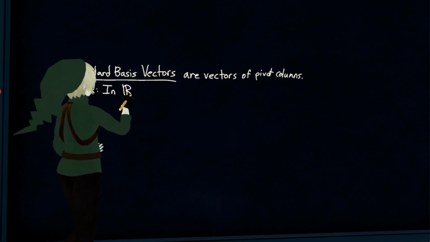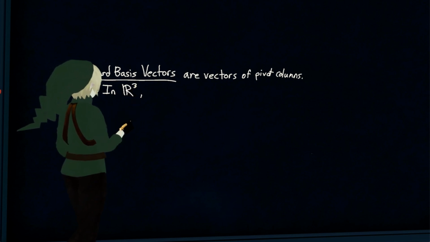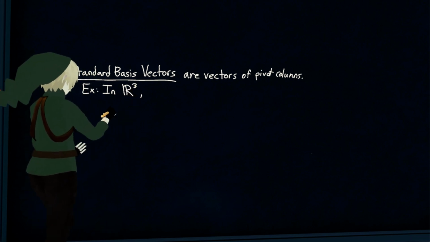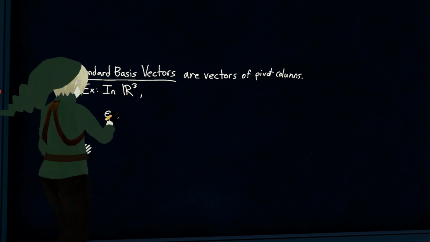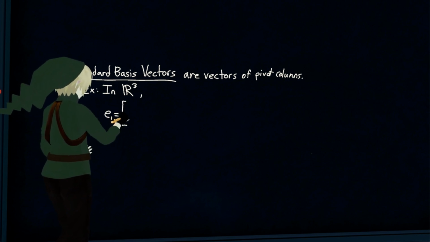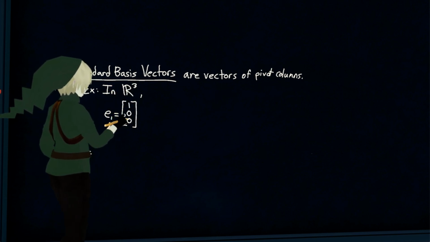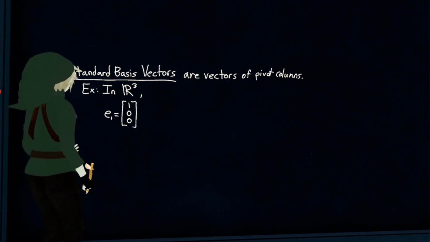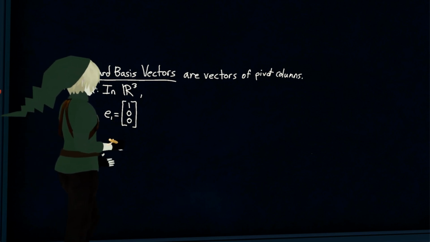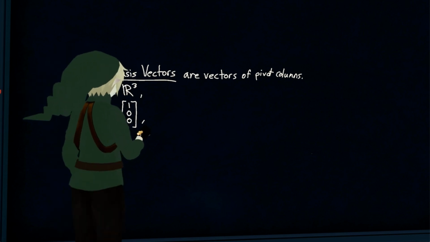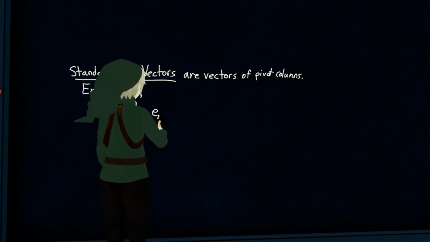In the set of R3, E1 is equal to 1, 0, 0, right? This 3 represents how many components or how many entries our vector has. Okay? So this is E1. And what is E2?